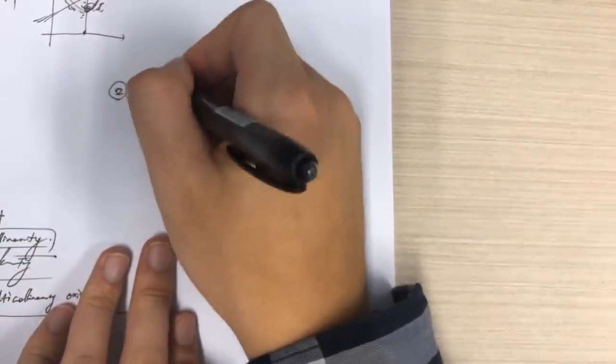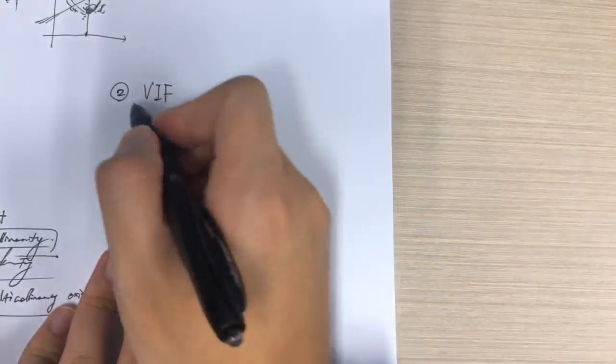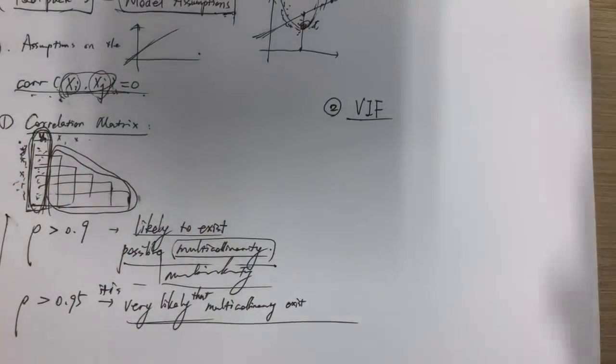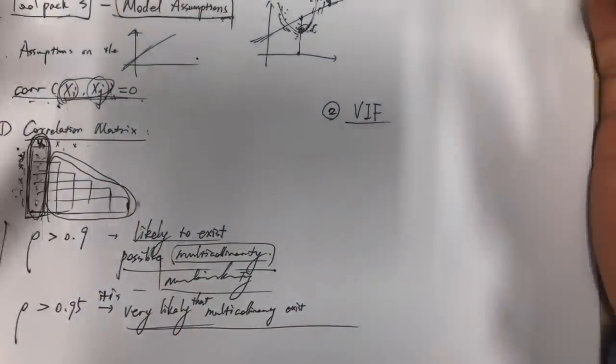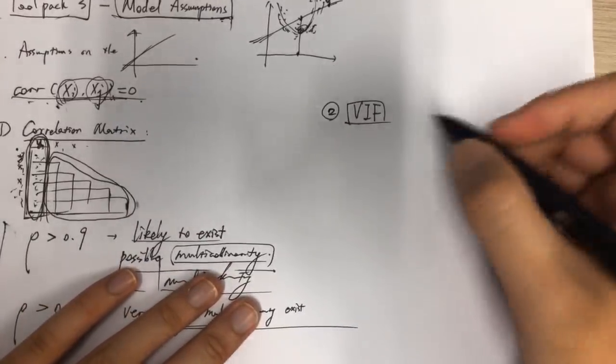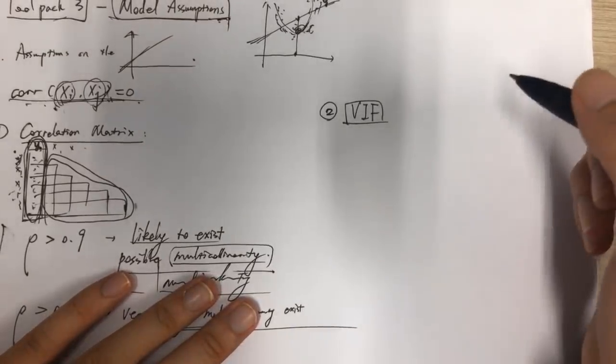And the second method you learned is called variance inflation factor, VIF. So VIF, I don't know if you really cover this in much detail, but yeah, it's better than not knowing it, right? So VIF is actually computed by the different R squares.